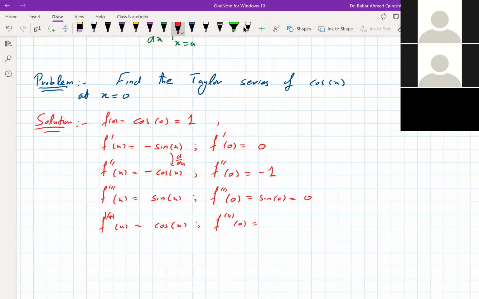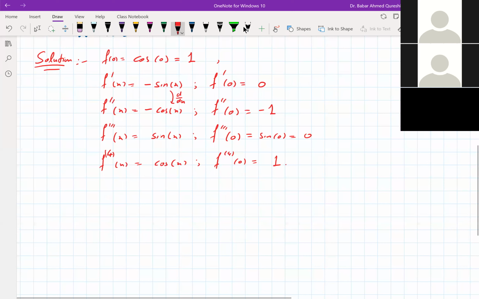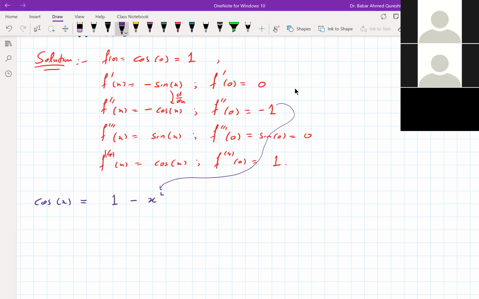Zero is again 1. So I have alternate pattern. And then I find that cosine of x is Taylor series is 1 minus x squared. This minus came from here.